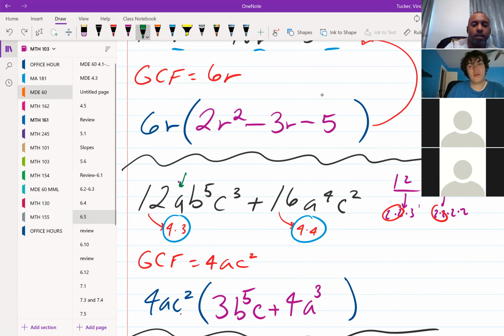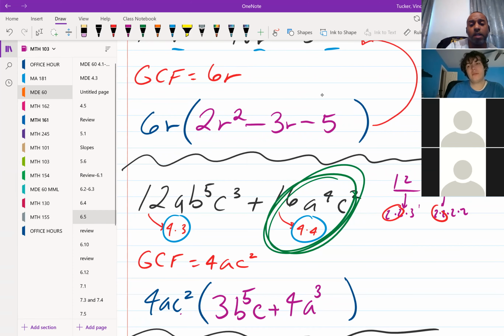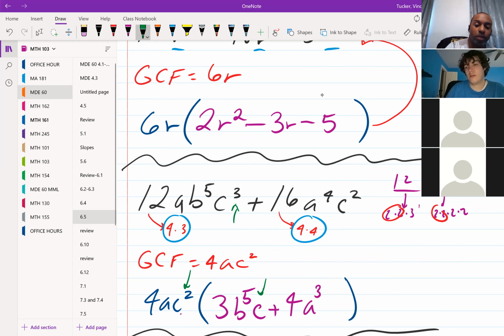I took the A that's sitting on the outside, so there's no longer A in that term. Then I had B to the 5th, but there was no B in the other term, so I couldn't factor that out. So that B to the 5th stays the same. And then I took out 2 C's from these 3 C's. And so that left me with 1 C.